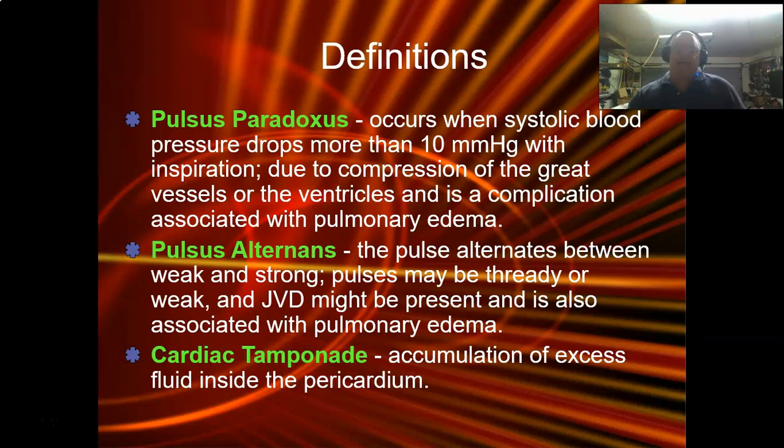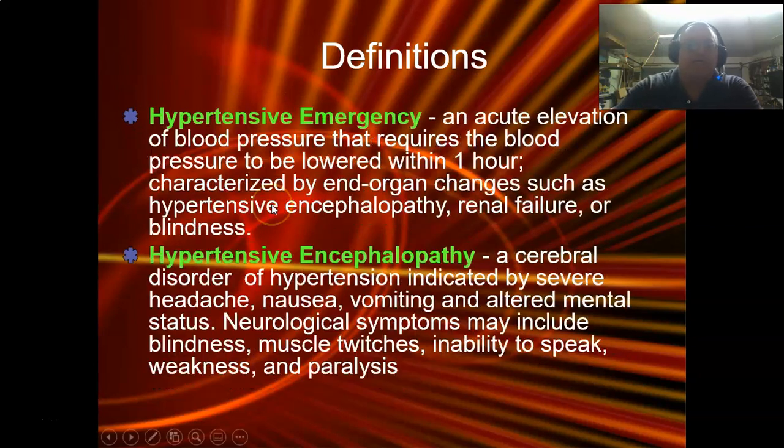Cardiac tamponade is an accumulation of fluid inside the pericardium. We've talked about that. Again, get them to somebody who can stick a needle in it and drain it. A hypertensive emergency is an acute elevation of blood pressure that requires the blood pressure to be lowered within about an hour's time. I want to stress that part.